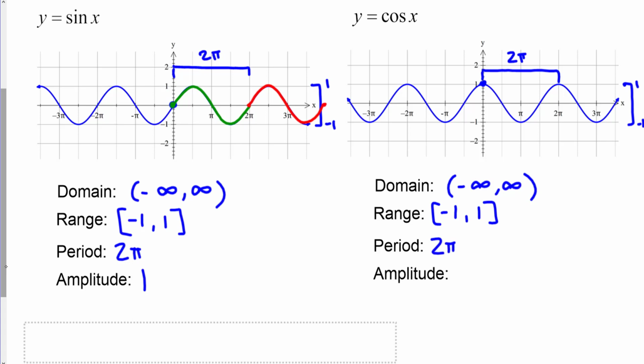The period, the amount of time it takes for the pattern to repeat, is 2 pi, just like in sine. And in this case, the amplitude, the maximum distance from that center point, is 1. And this is all without any sort of rotation or any sort of transformations occurring, so keep that in mind.